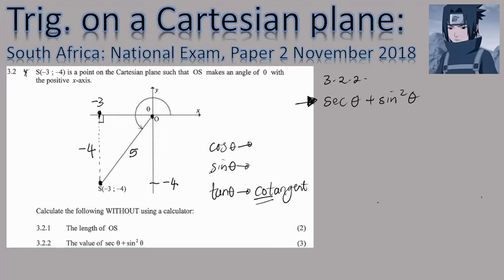This one is a sine, so when you put a co to it, it becomes a cosecant, cosec. And this one is a cos, so the inverse of a cos is a secant, which is sec.